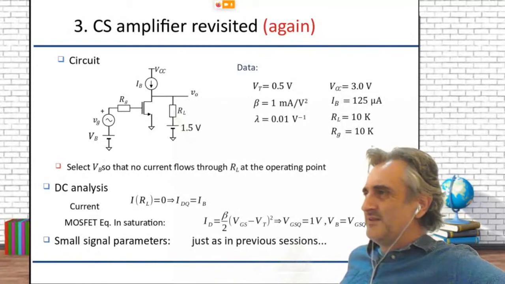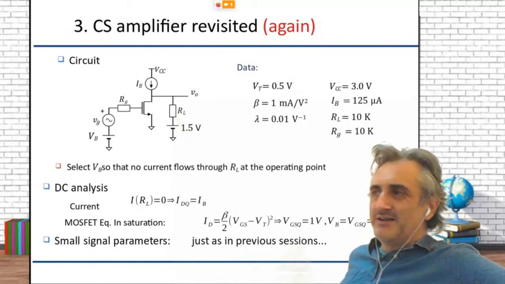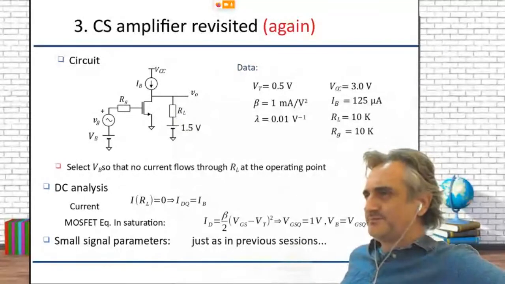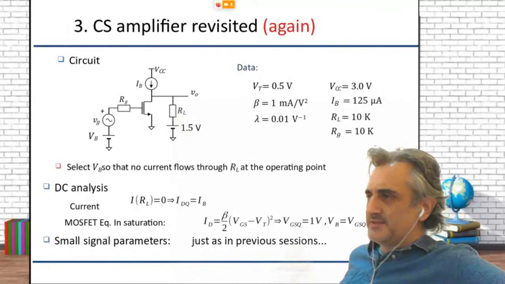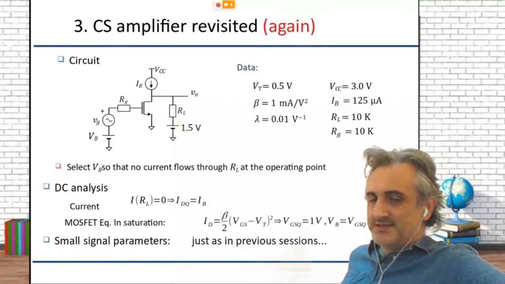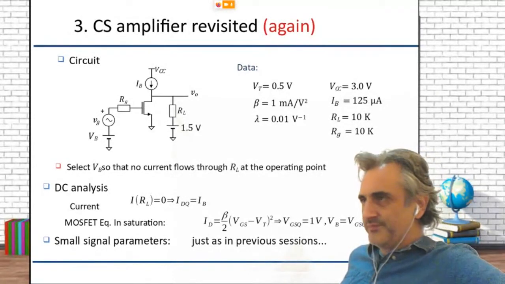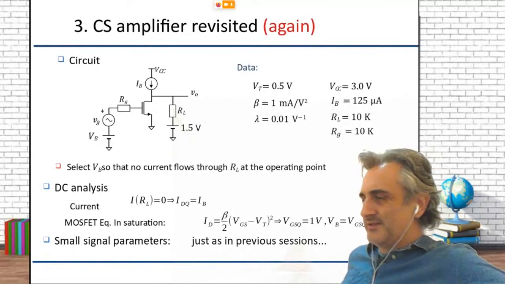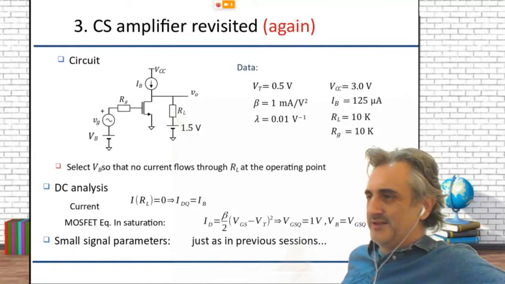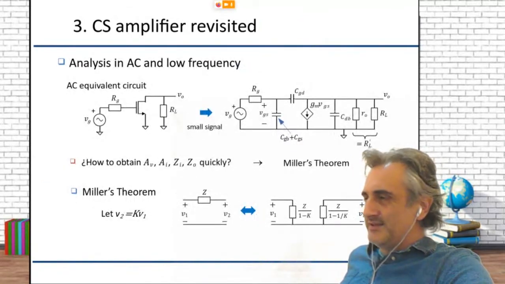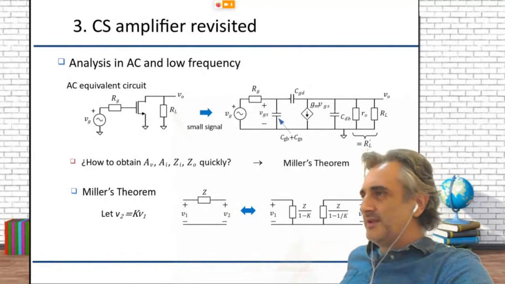Just in order to calculate this amplifier, we select the bias point, and we calculate everything else, just as in the previous sessions. I will not repeat all these calculations because they are already done. So for the analysis in low frequency in AC, we get this.